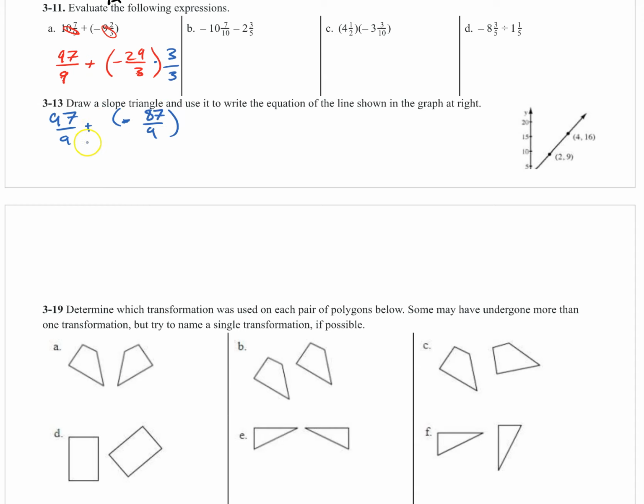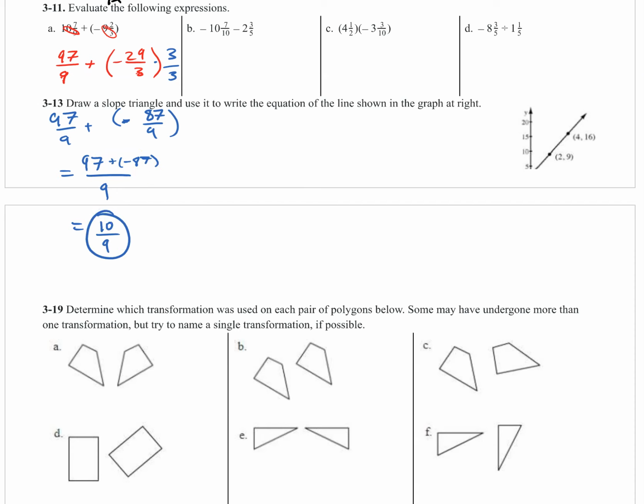And this number is negative. So we're adding together a positive and a negative. All right, so now that they have a common denominator, we're going to just add them straight across the top. 97 plus -87. Right? And 97 plus -87, that is 10. It's just like 97 subtract 87. 10 over 9.